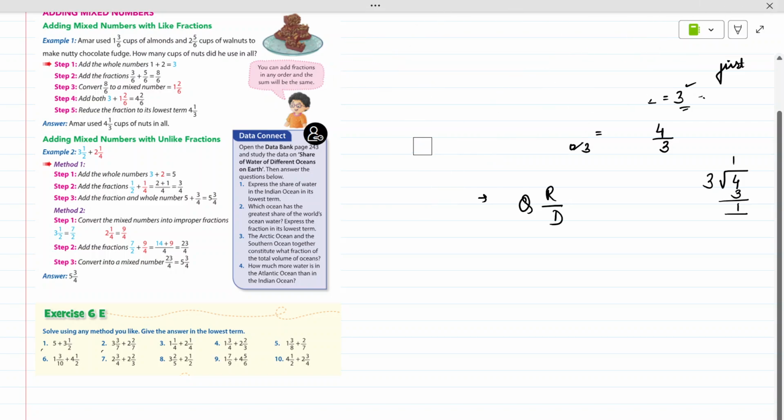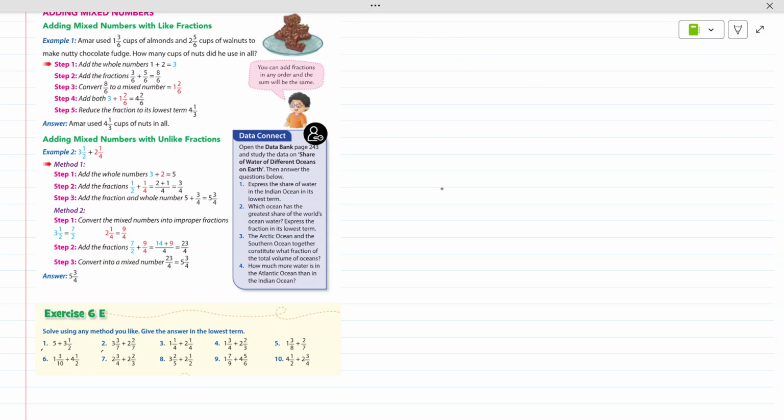Okay, the first question is very straightforward, kids. Here, question number 1. So we have 5 plus 3 1 by 2. Let us solve this with the first method, adding the whole numbers and the fractions separately.